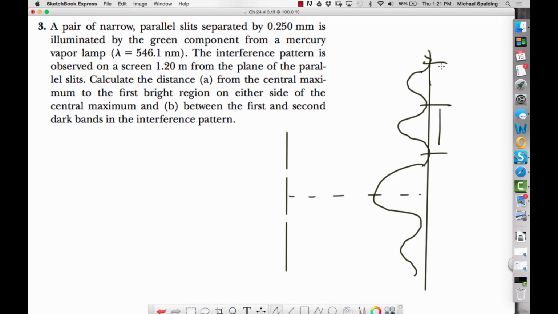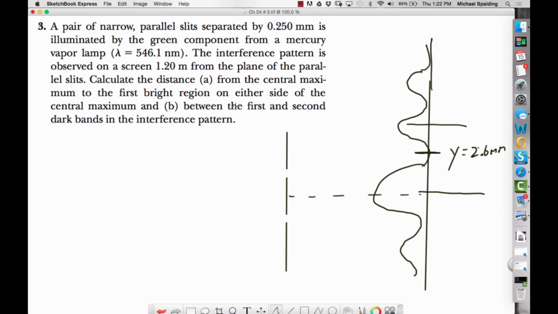This distance here is the same as that distance there, which should be the same as that distance there. So what did we calculate in the previous question? We calculated this distance from the center line up to here, which was 2.6 millimeters.